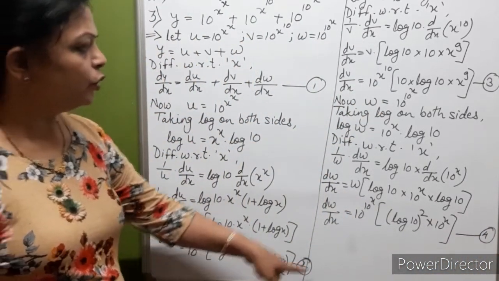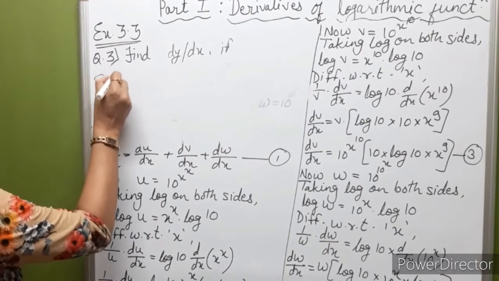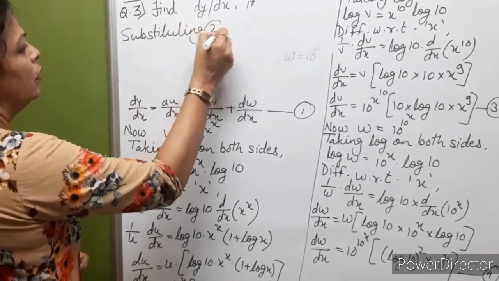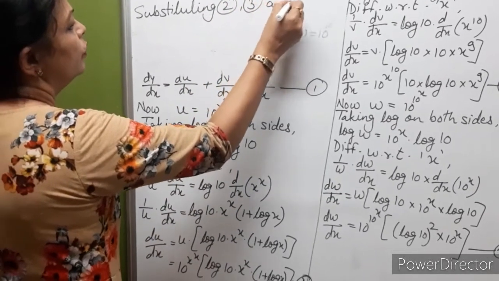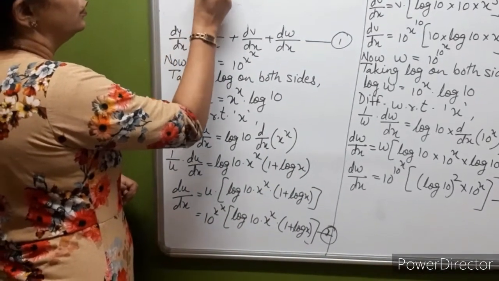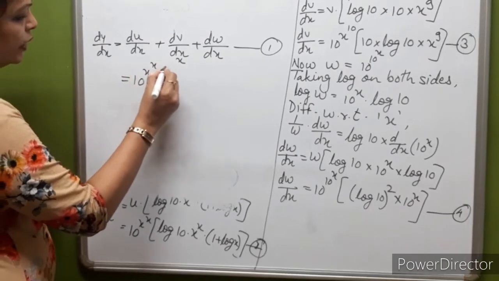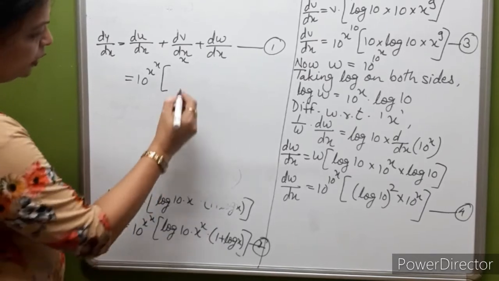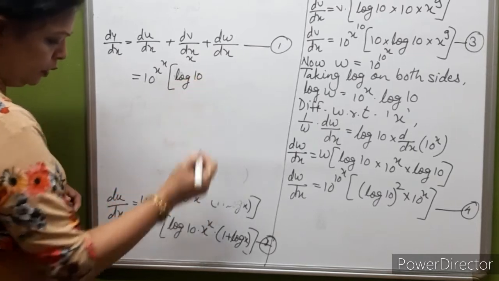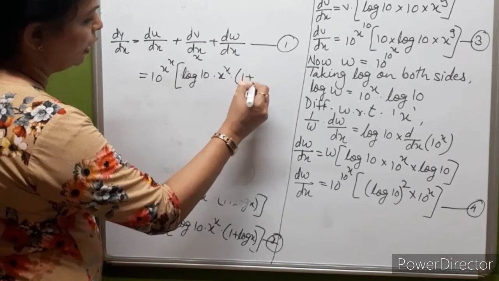Now substitute 2, 3 and 4 in equation 1. Equal to, what is your du? 10 raised to x raised to x into log 10 into x raised to x into 1 plus log x.